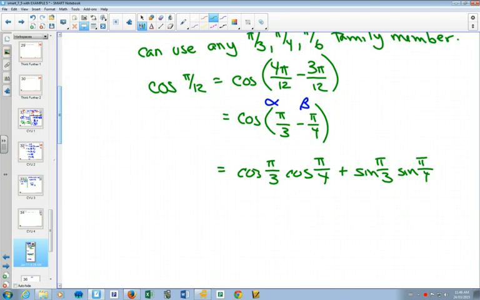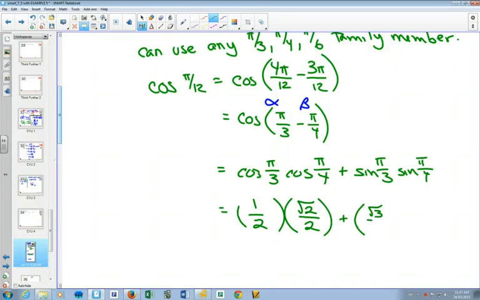And each of these values is on your pi plate. You know what cos of pi over 3 is? It's 1/2. You know cos of pi over 4 is root 2 over 2. You know that sine of pi over 3 is root 3 over 2, and sine of pi over 4 is root 2 over 2.